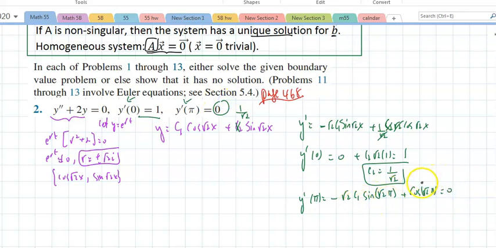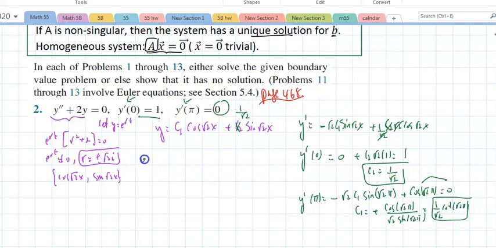So pretty much if I move this over to the right and divide, c sub 1 is going to be positive the cosine of radical 2 pi over radical 2 the sine of radical 2 pi, which is 1 over radical 2. Cosine over sine is the cotangent of radical 2 pi, and that's all there is to it.